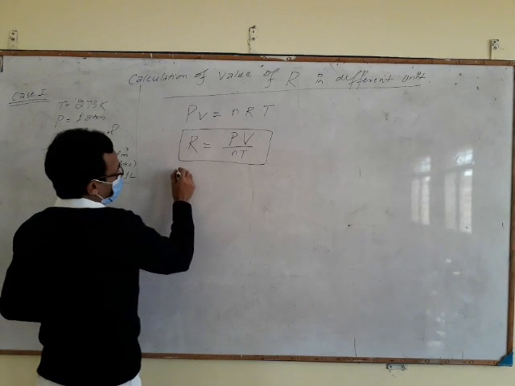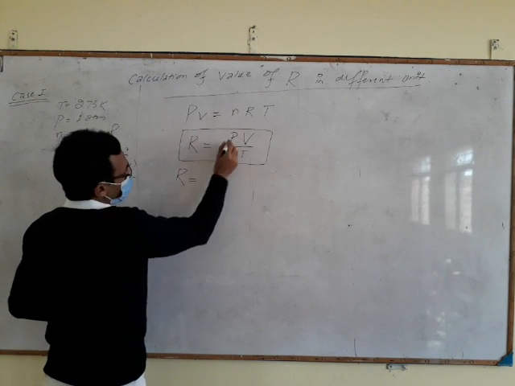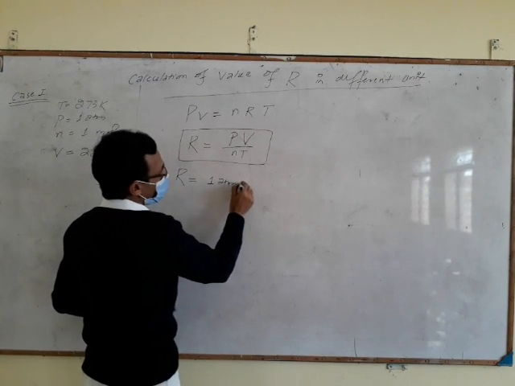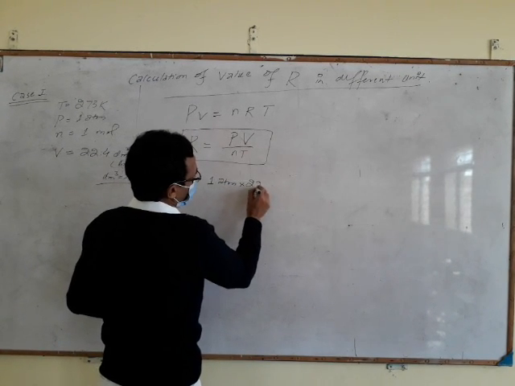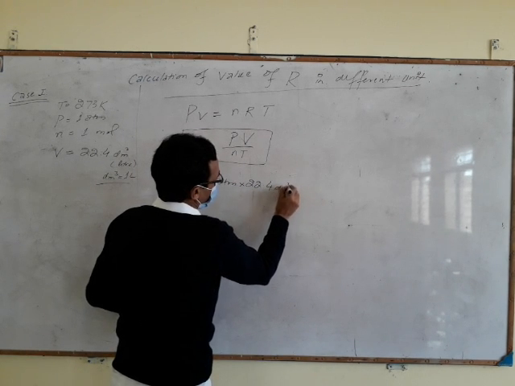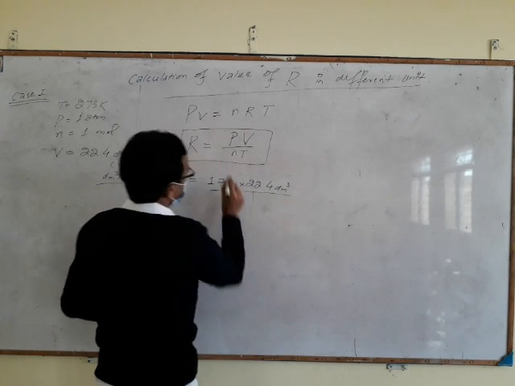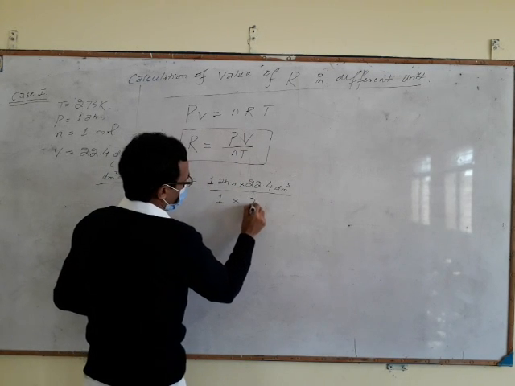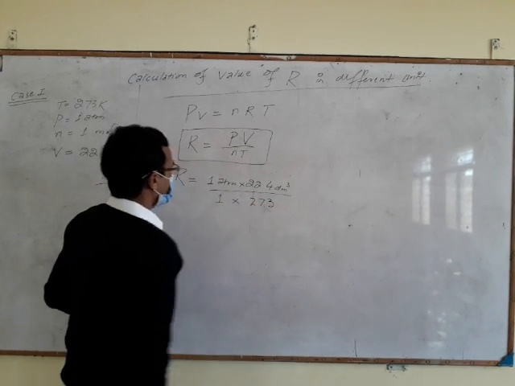Let's try. R is equal to P 1 atm, V 22.4 liter or cubic decimeter, number of moles is equal to 1, and 273.